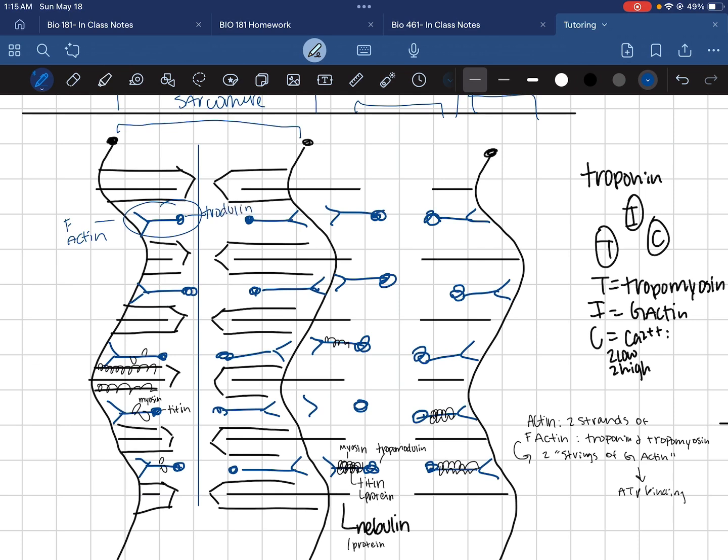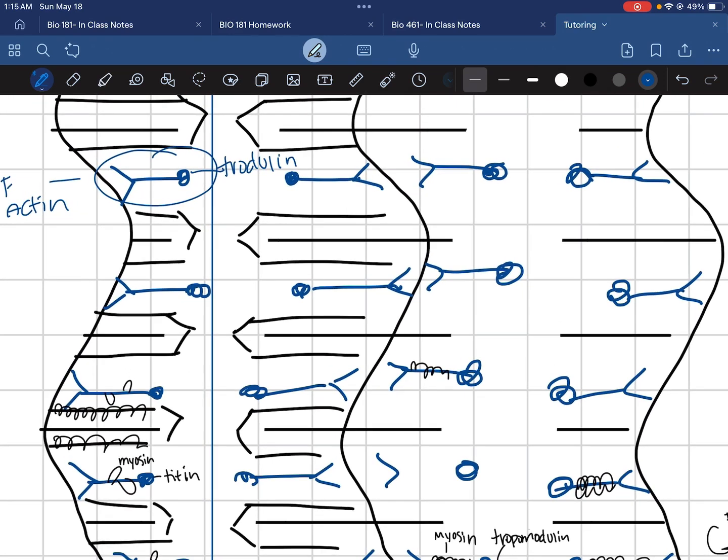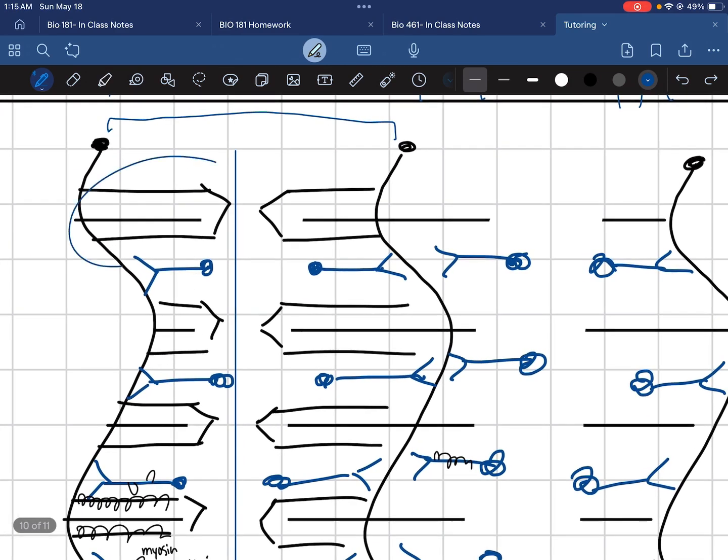So tropomodulin. And then we also have actin, and actin is going to be shown, not actin, sorry. What am I talking about? Okay. F-actin.